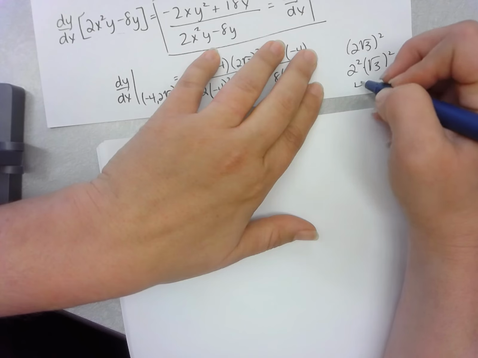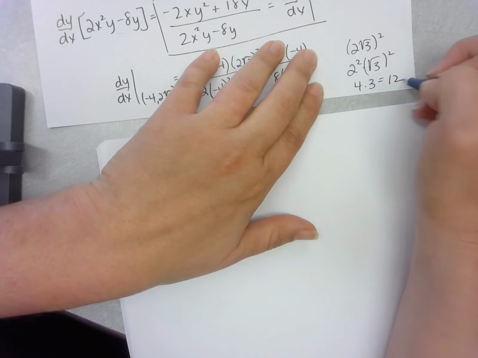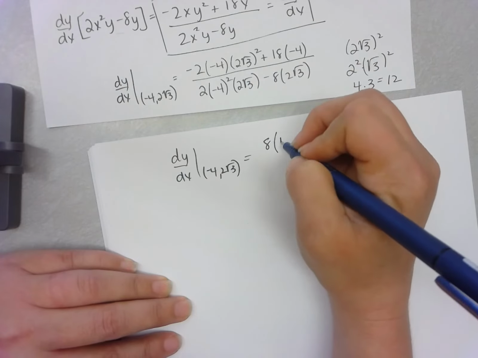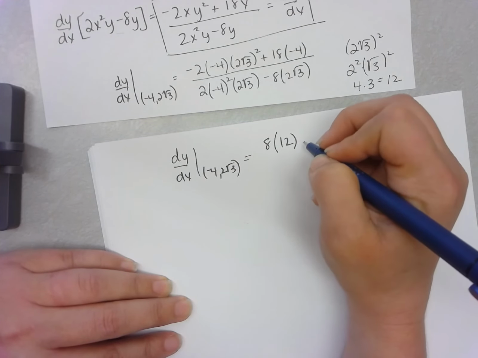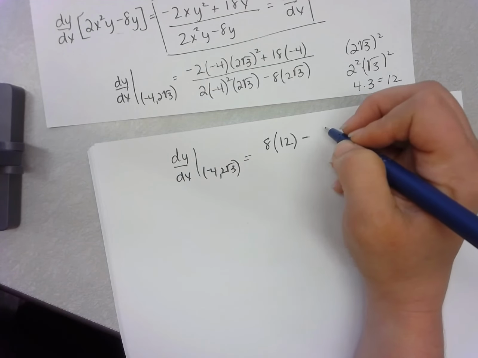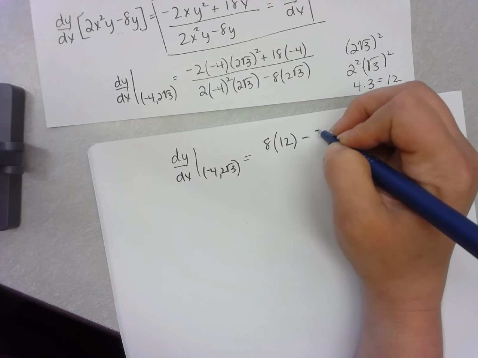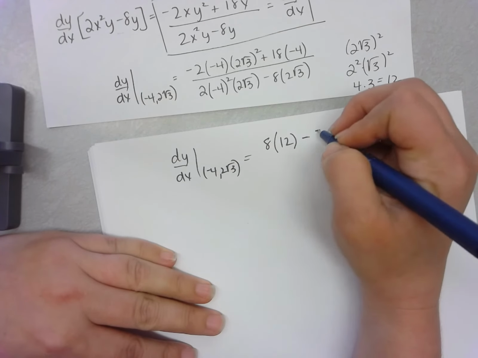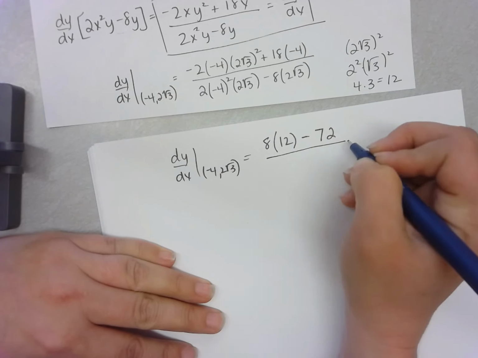So this is 4 times 3, which is 12. So I'm going to replace 2 radical 3 squared with 12. And then I have minus 18 times 4, which is 72, over.